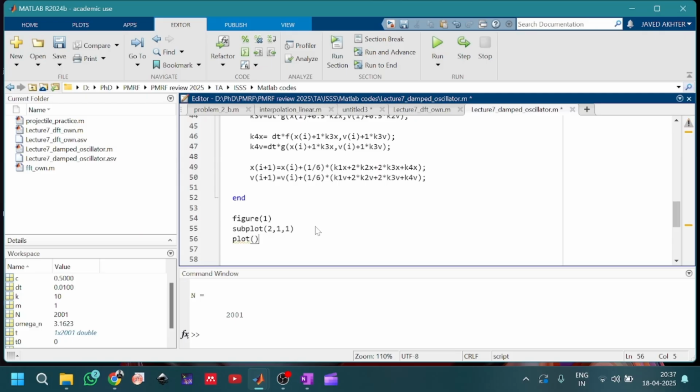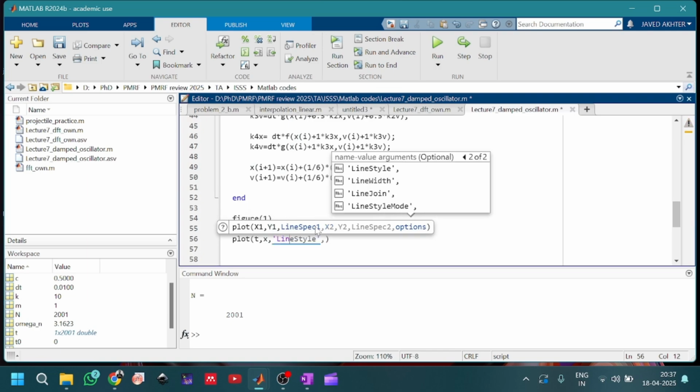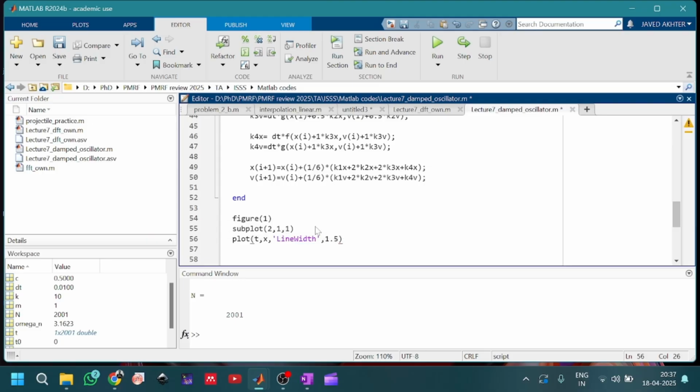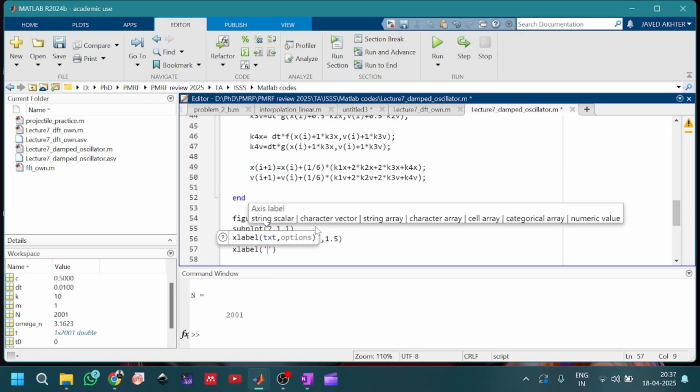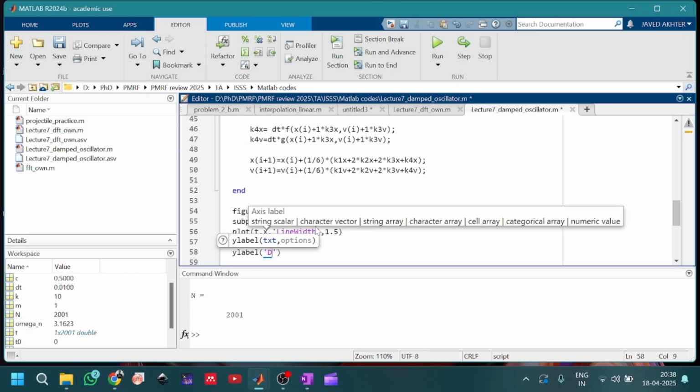You will plot t with x, and let the line width be 1.5, then the x label. So on the x-axis you have time, and on the y-axis you have displacement.